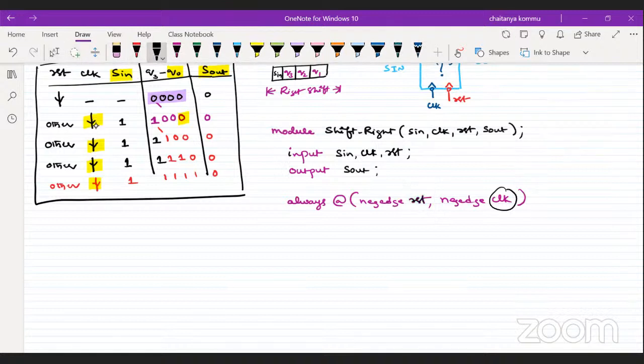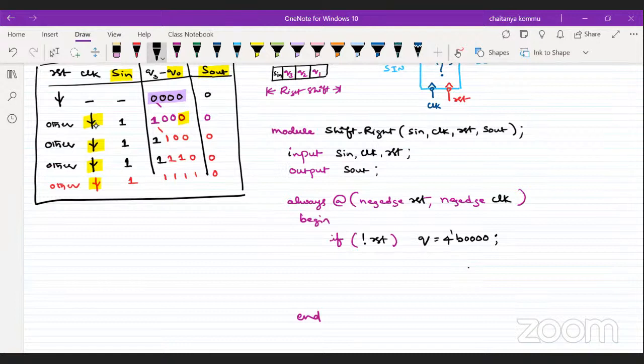Okay, let us write begin and then here. What is the logic now? As we know very well, we want to initialize the content of the flip-flops with the negative RST. Then what about the Q value? All the content of Q is equal to 4-bit all zeros.